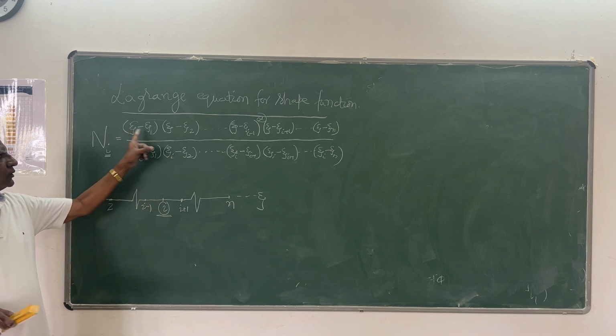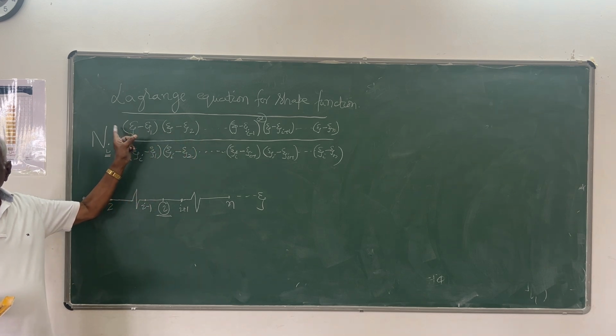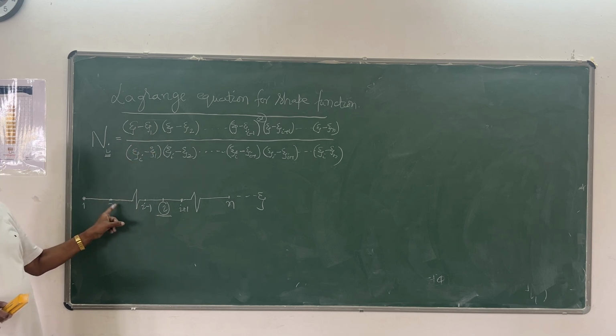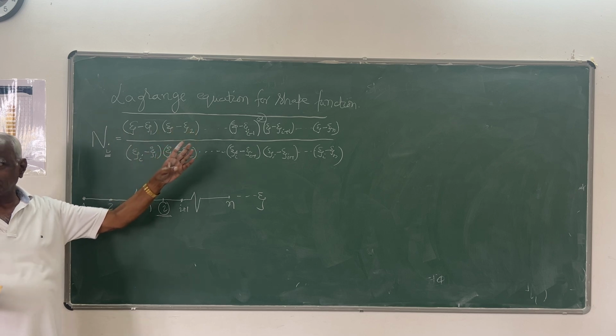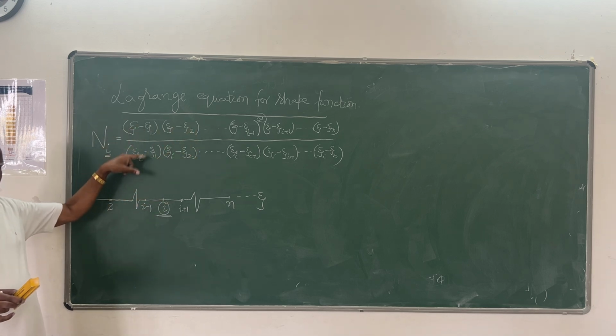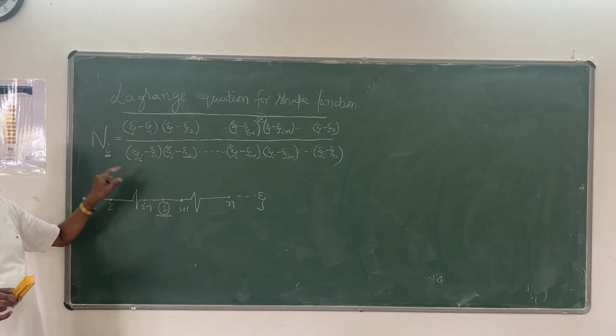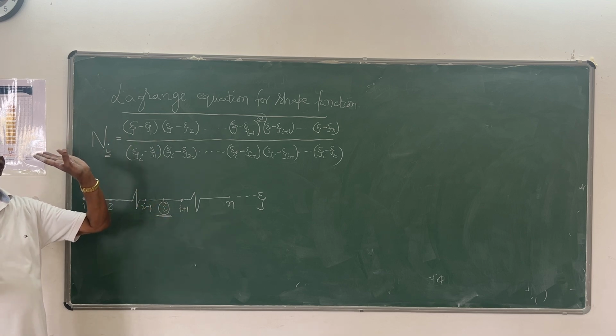You select that variable, and from that variable you subtract the coordinate of all nodes in the numerator. In the denominator, that same subtraction will be from the nodal coordinate.